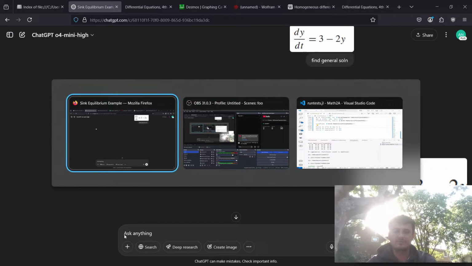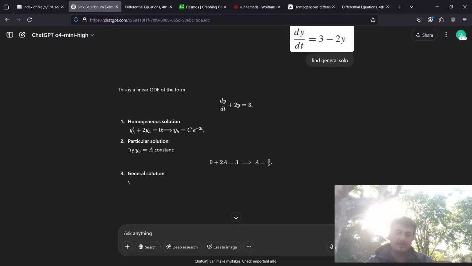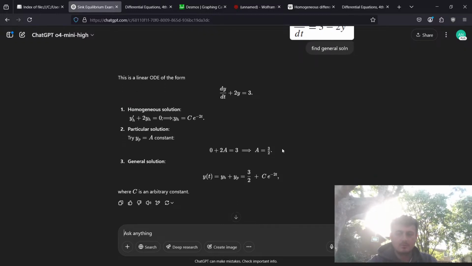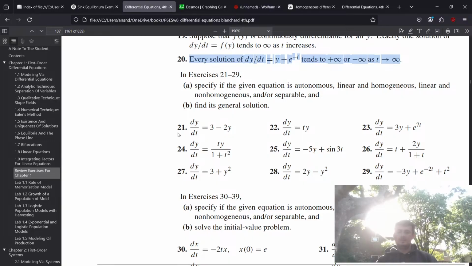Please tell me I have this right. C e to the minus 2t plus 3/2. Let's go! And I didn't even have to do this linear hack. I just used u sub like a man. Let's go.